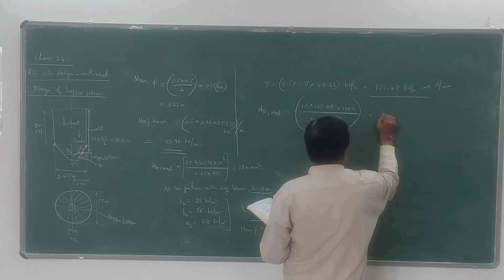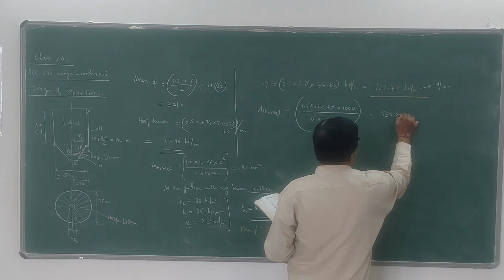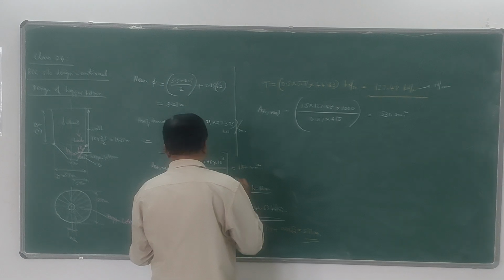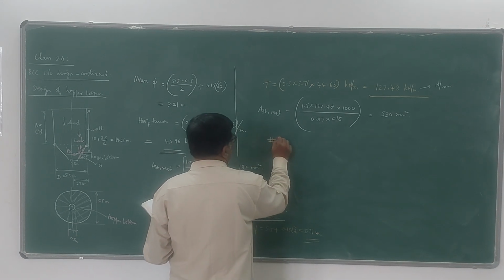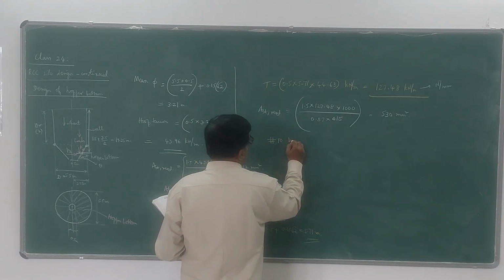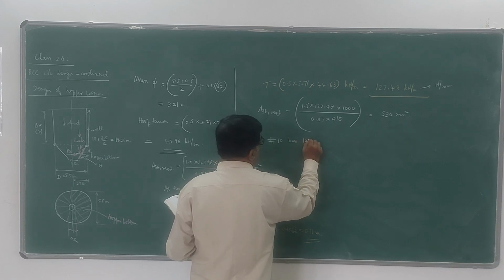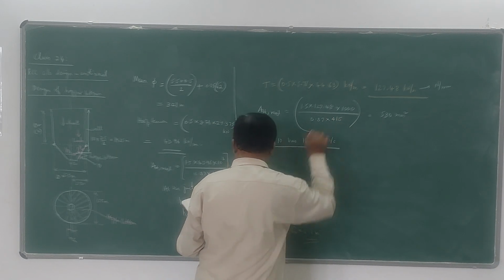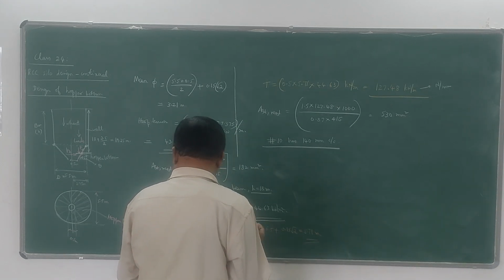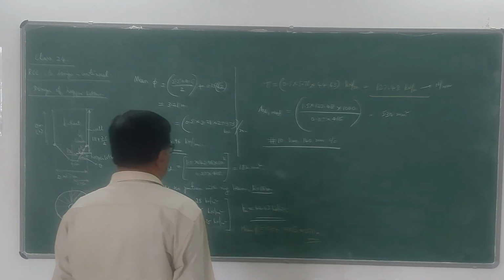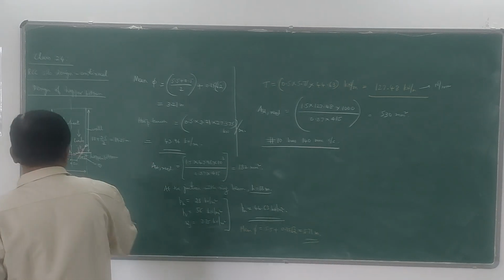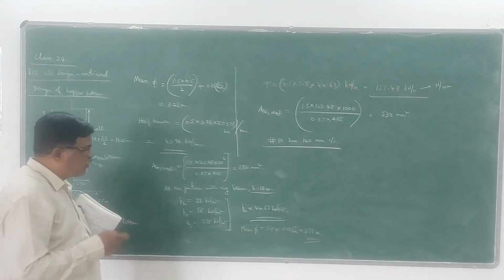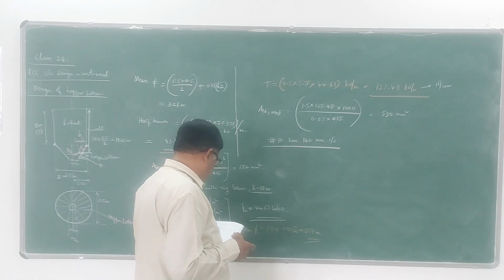If you simplify this, you will get 530 millimeter square. Of course, here also assuming 10 mm diameter bars, at 140 mm center to center will take care of this. So we have got the same reinforcement here and here, which means we can provide the same quantity of reinforcement throughout.